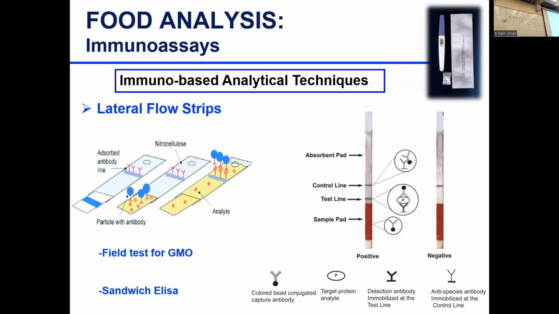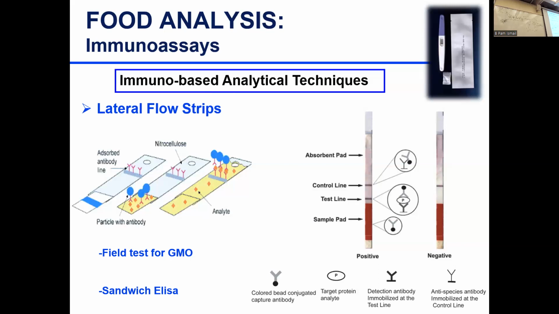Now, this is just an illustration, but this is the real test. So what you have here is your color-bound antibody. Then you move up to the test line. If you have an antigen, it will get sandwiched here, and you will see a positive one. But there is a control line to test that the strip is not blocked. You want to make sure that there's always this control line.